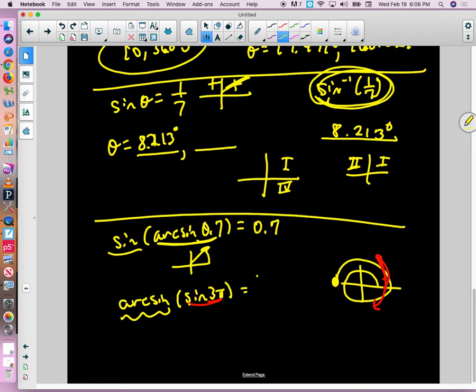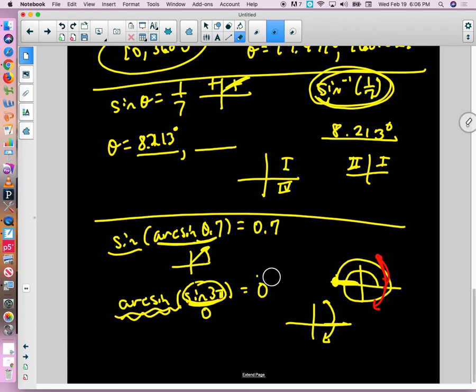Sine of 3 pi, right here, your y value would be 0, so this is 0. Then you say arc sine of 0, so now you go looking for something that gives you a sine of 0, and you find it at 0 degrees, or in fact 0 radians, because this one was in radians.